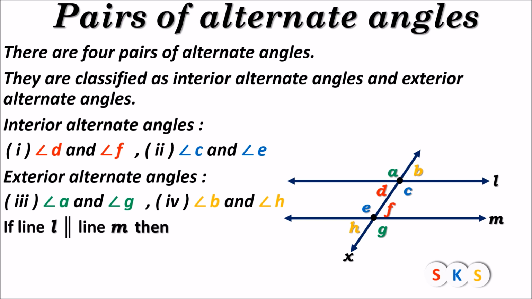And if line L is parallel to line M, then angle D is congruent to angle F, angle C is congruent to angle E, angle A is congruent to angle G and angle B is congruent to angle H. It means if a transversal intersects two parallel lines, then alternate angles formed by them are congruent.